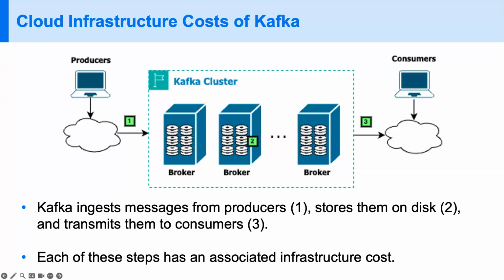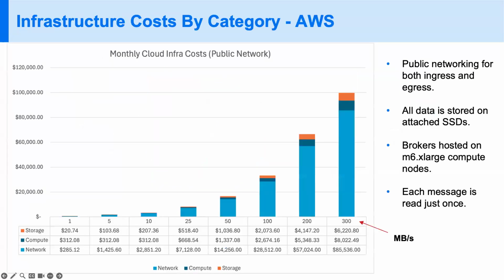Each step along the way incurs some cost, and we can break it down into three distinct categories. There's networking, the data ingress and egress, and potentially some data replication in between. There's the cost of hosting the brokers themselves, the compute. And then there's storage, whether it's locally attached storage or block storage. Those are your three different cost centers.